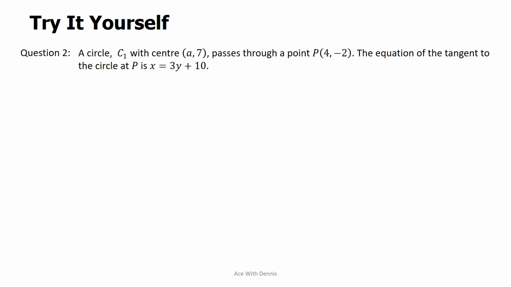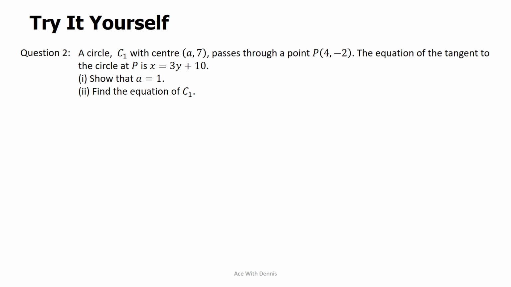Question number 2. A circle C1 with center (a, 7) passes through a point P (4, -2). The equation of the tangent to the circle at P is x equals 3y plus 10. 1. Show that a equals 1. 2.